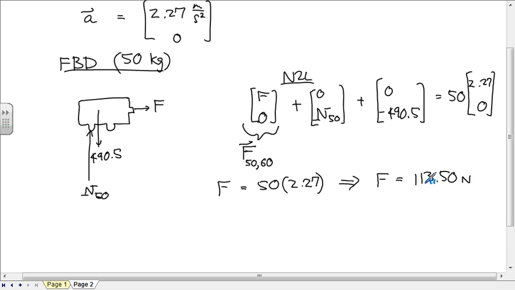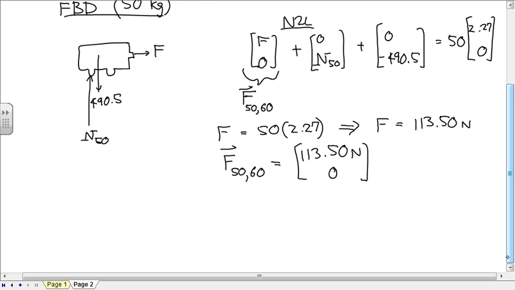And then plug this variable value back into the vector, and you get F on 50 by 60 is equal to positive 113.50. And so the force vector on the 60 by the 50 is negative 113.50.